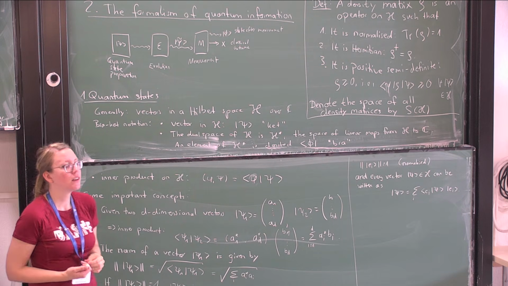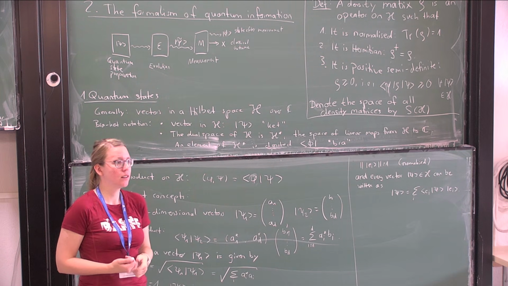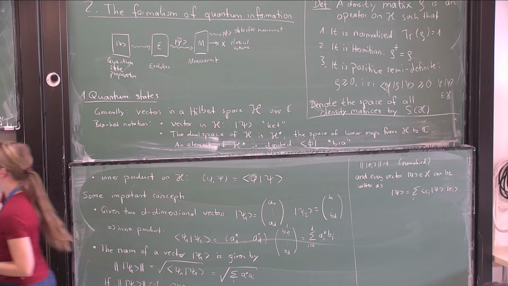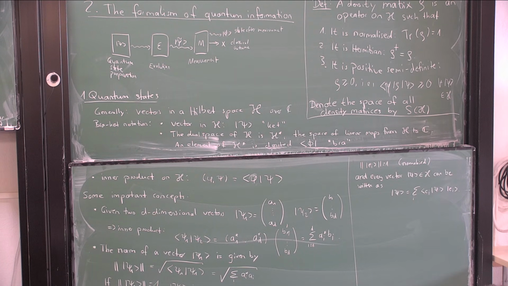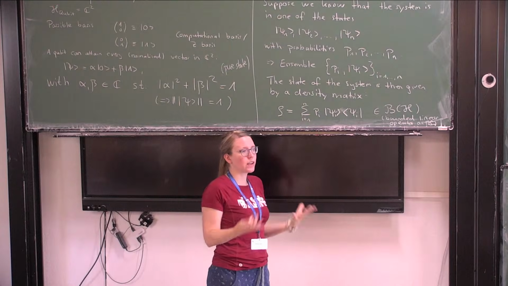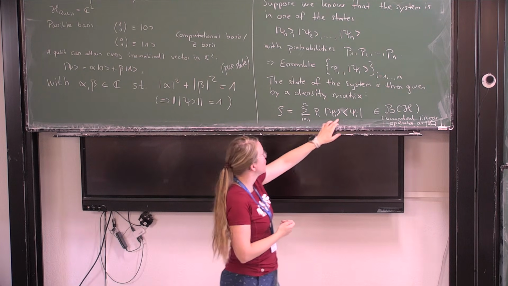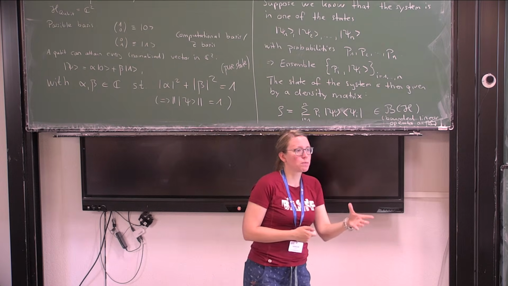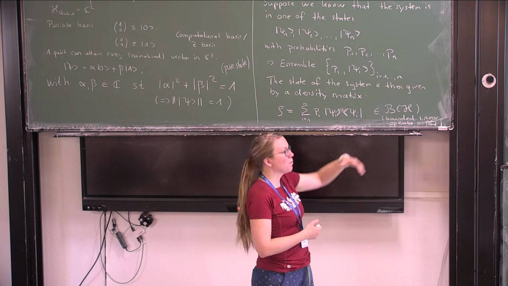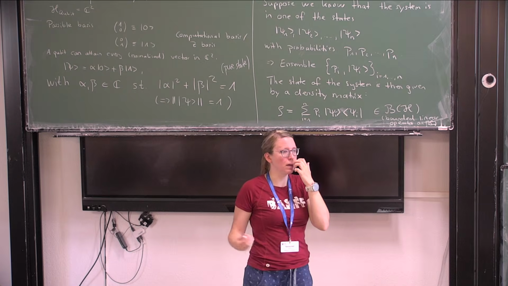Yes? Sorry, could you explain a little more the bracket notation that you use to define the density matrix? Yes. We said the ket denotes just a vector in the Hilbert space, and the bra comes from the dual space. So in principle this is a map from the Hilbert space to the complex numbers.